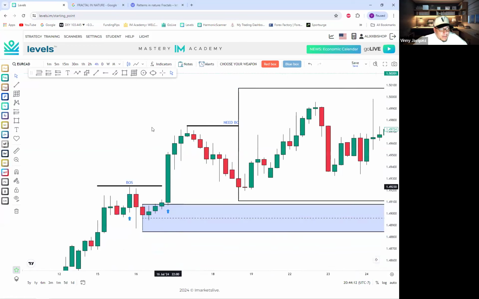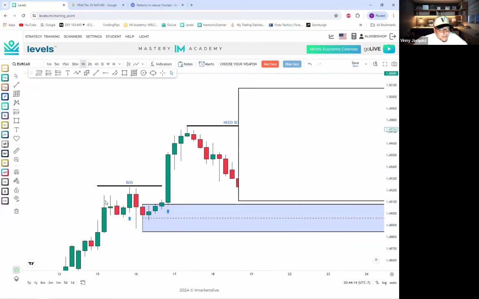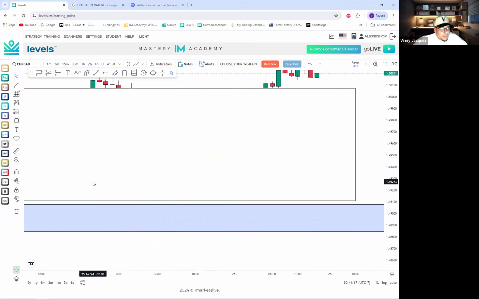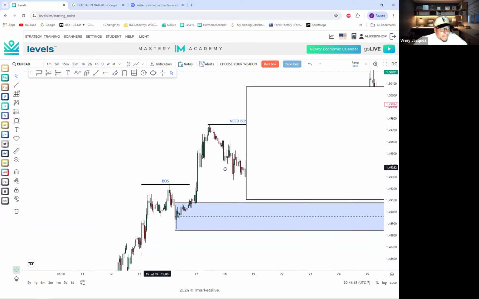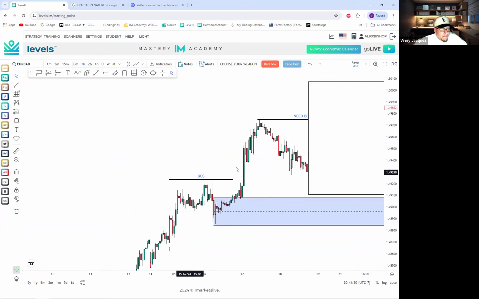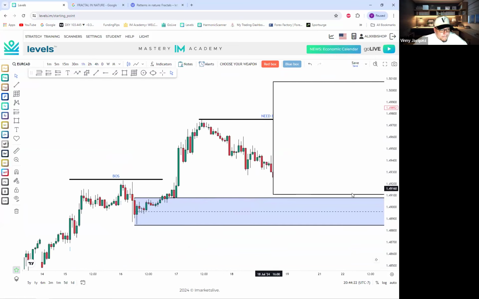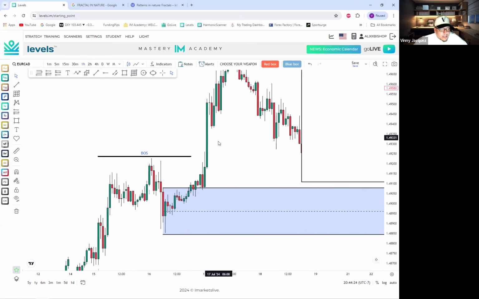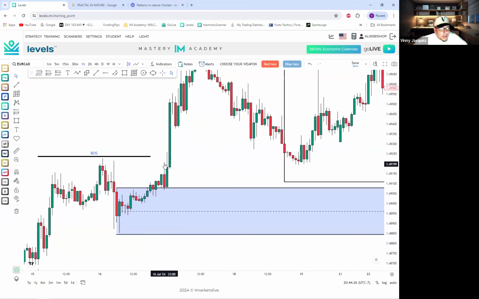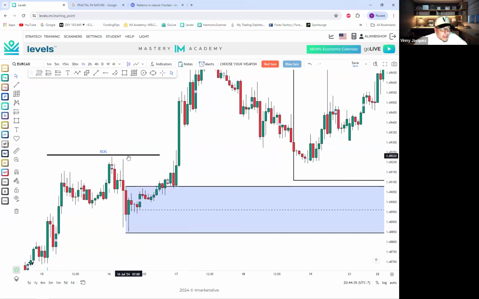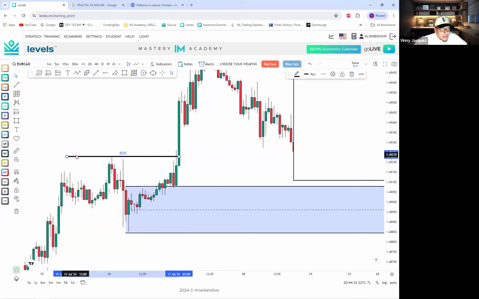Now, look, if I drop down one more time frame to see if I could tighten this up, look, Levels actually doesn't let me know, but I could actually see with my eyes, right? Where did the breakout come from?